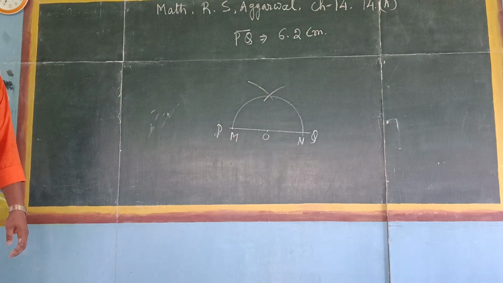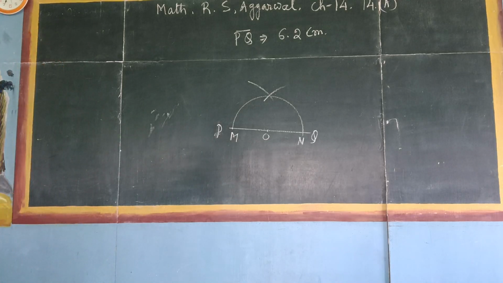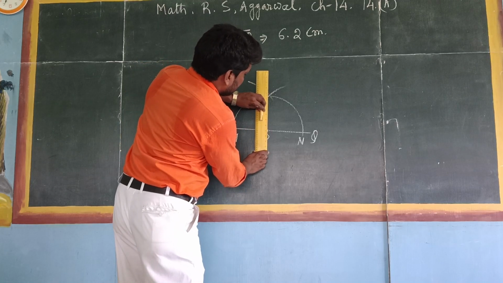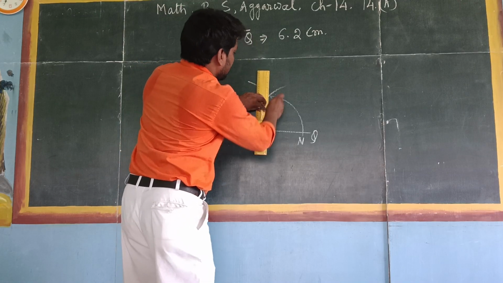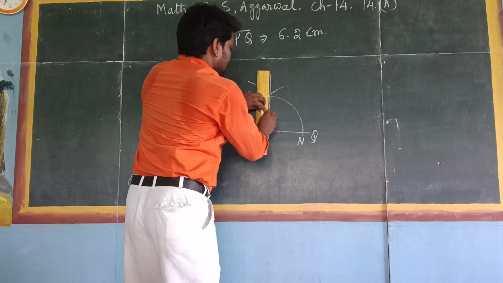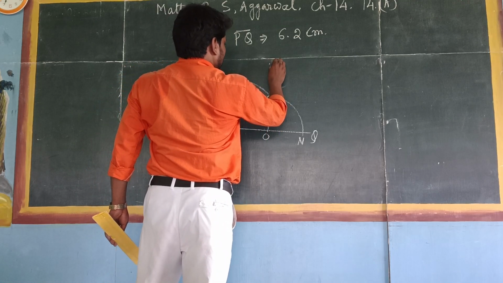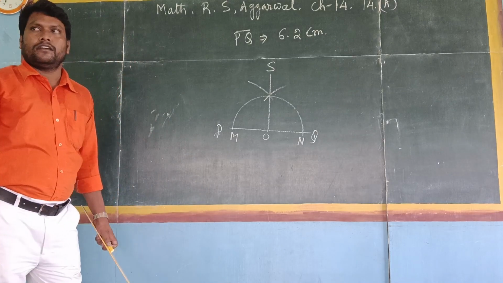Only the upper side. Then join. Now suppose it is SO.